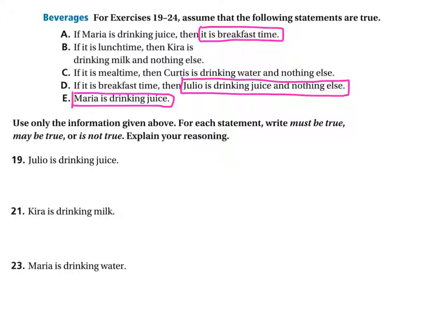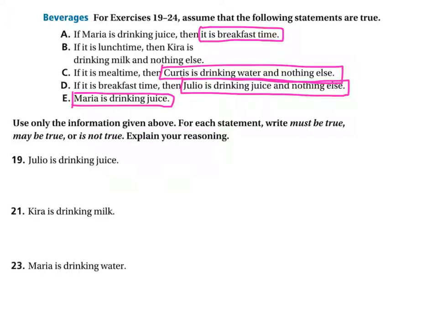And C says if it is mealtime, any of the meals, breakfast, dinner, or lunch, then Curtis is drinking water, nothing else. Since we know that it is one of the mealtimes, breakfast time specifically, we can say Curtis is drinking water and nothing else. That is true.